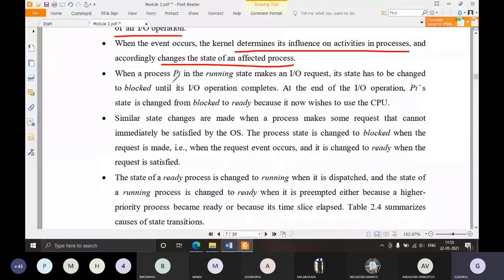So when a process Pi is already in the running state, if it makes an input-output request, then its state is immediately changed to blocked. Because we saw that a process enters a blocked state whenever it requests a resource or is waiting for an event.